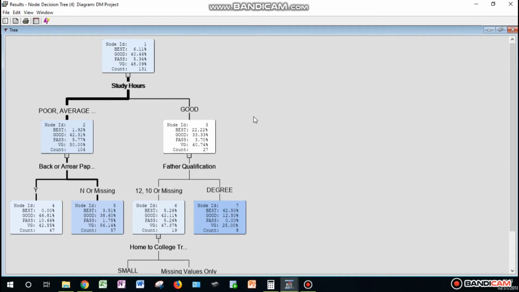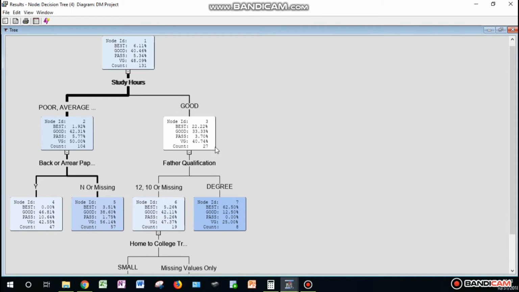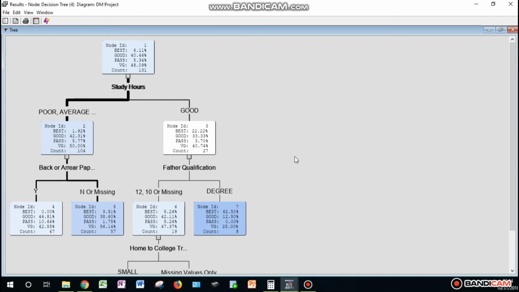And if we look at study hours being good and father's qualification being a degree, this led to 62.5% of this sample receiving a best score on the internal assessment percentages. That means if the student had good study hours and the father had a degree, 62.5% of those students would receive a best internal assessment, which would then lead to 100% of those students receiving a very good or a best score on the end semester percentages.